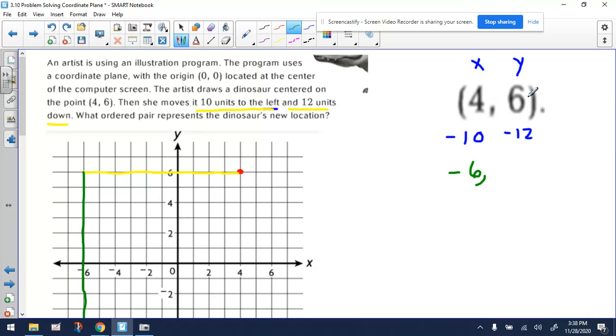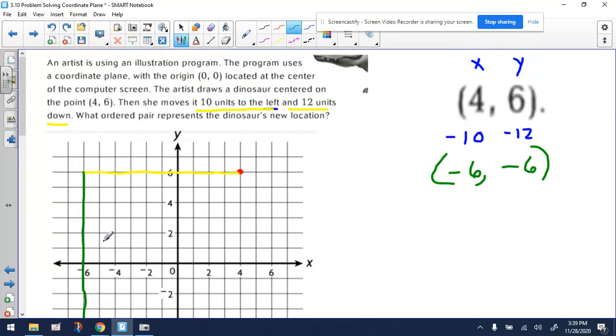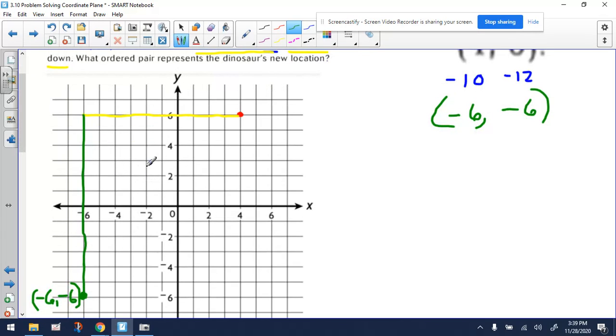And if we combined a positive 6 with a negative 12, wouldn't we get a negative 6? And isn't that the same ordered pair we got by doing it this way? So again, you have two options. Method one depends on your comfort level with adding and subtracting integers. Method two is to go ahead and just plot it.